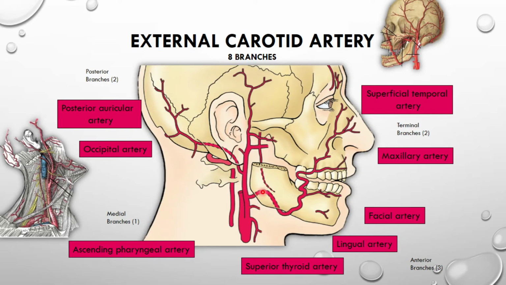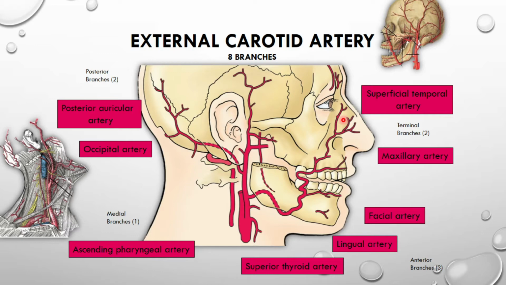And then we have a facial artery, and this facial artery has a really interesting course. It sort of does a loop-de-loop as it crosses over the margin of your mandible onto your face, and then runs up at an angle towards the bridge of your nose, supplying your teeth, your lower and upper jaw, and the skin of your lips, for example.